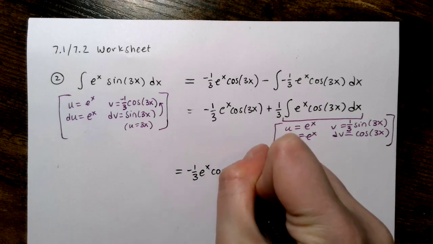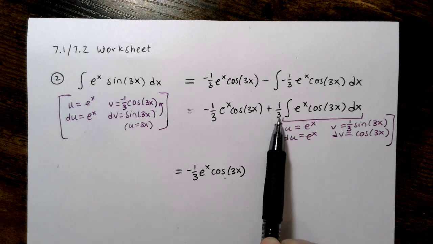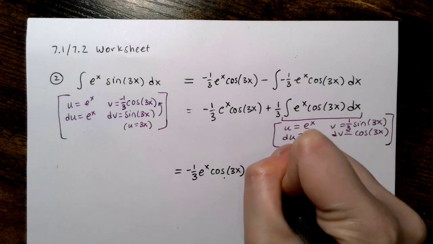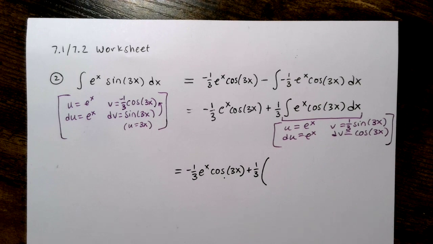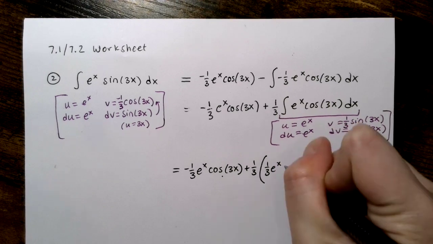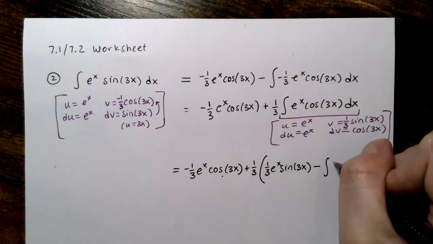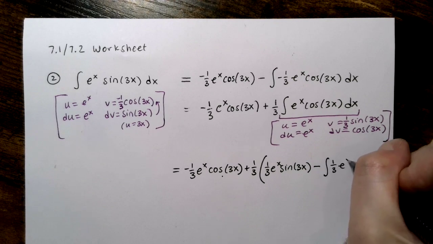I'm carrying down the stuff from the previous step here. And then I'm also coming back for this 1/3, right? Because I have this on the outside of my integral, so it's on the outside of the by parts formula here. All right, so one more time, uv minus the integral of v du.